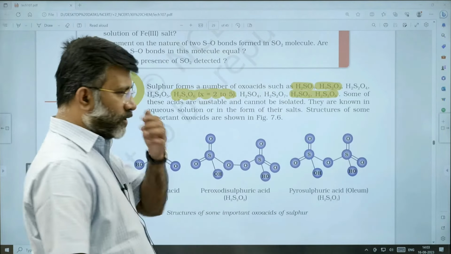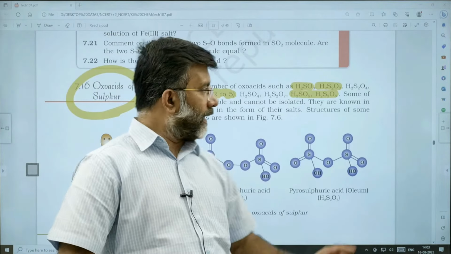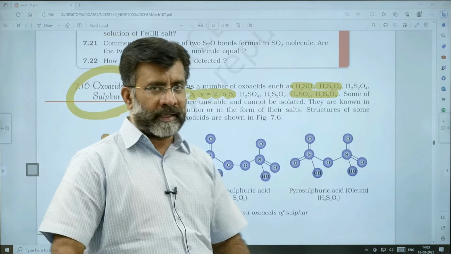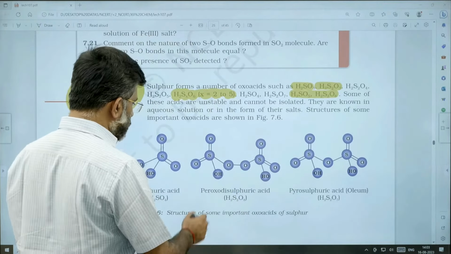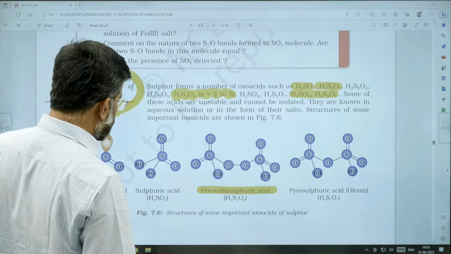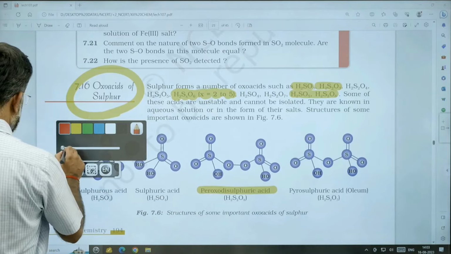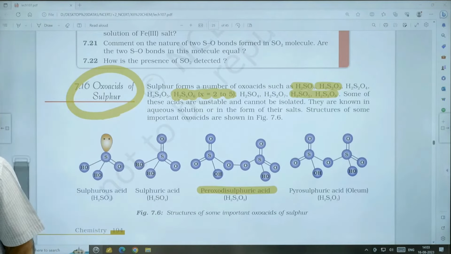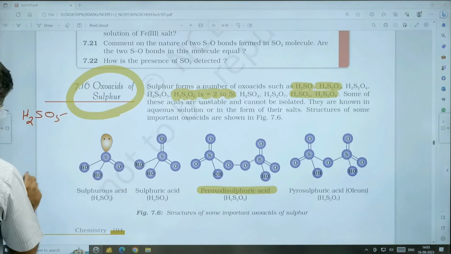One is H2SO5, peroxomonosulfuric acid. The other is H2S2O8, peroxodisulfuric acid. I will draw the structure. This is peroxomonosulfuric acid, H2SO5.